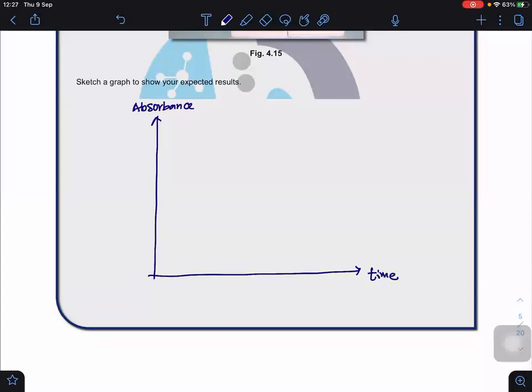Either you write absorbance or you write color intensity. Color intensity actually doesn't have units. Normally we just say arbitrary units. So either it's no units or arbitrary units, or even sometimes we use percent, percentage of absorbance.